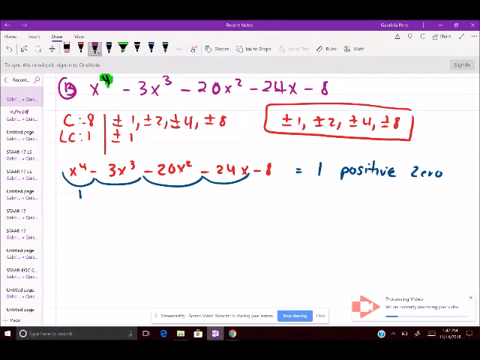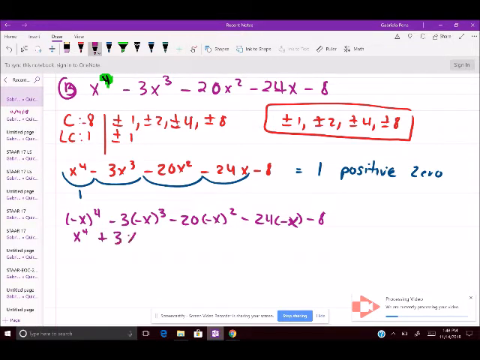When I put in the negative x for all of them, the first one becomes positive. Then that becomes a negative, but times a -3, it becomes a positive.